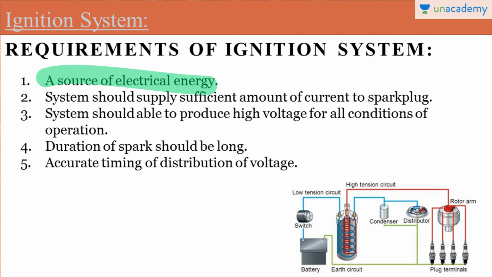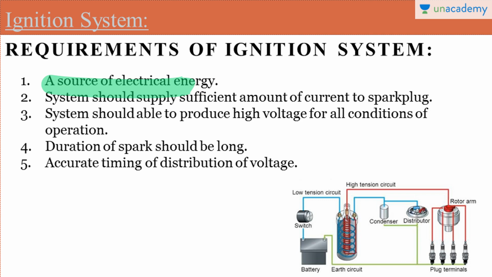For example, the battery. The battery is an example of a source of electrical energy, and it is used as the source of electrical energy in the battery ignition system. That is one type of ignition system, and I will discuss it later. So a source of electrical energy is always required during the ignition process.